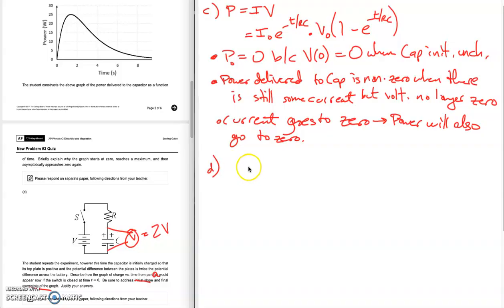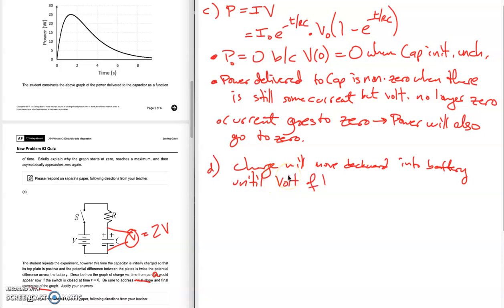Okay, so charge will move backwards into the battery until the voltage of the battery equals the voltage of the capacitor.